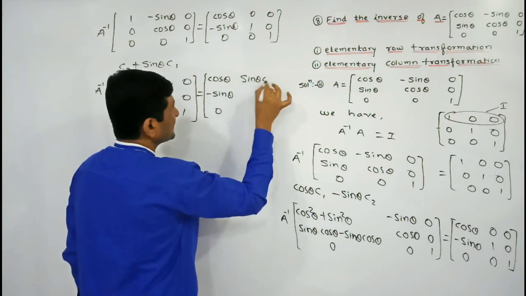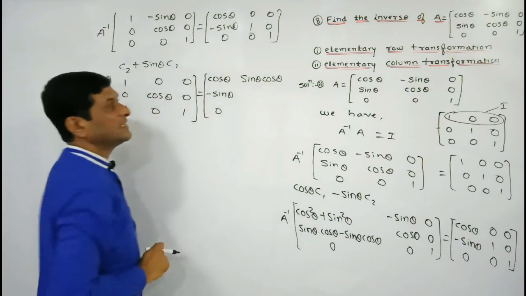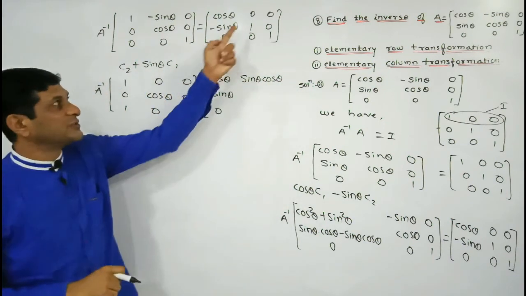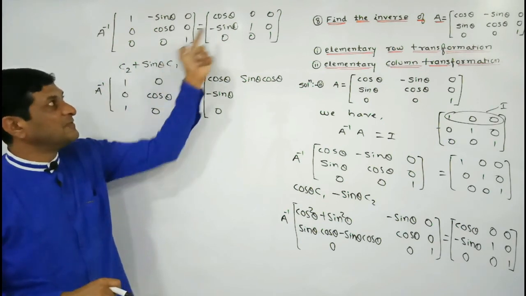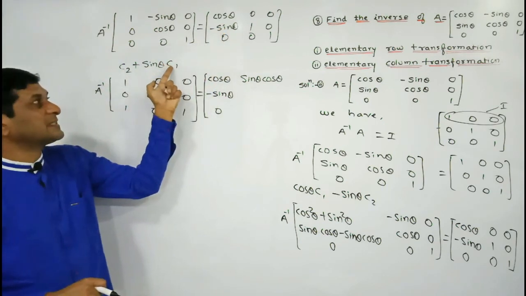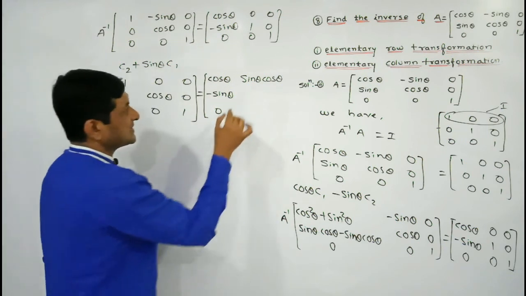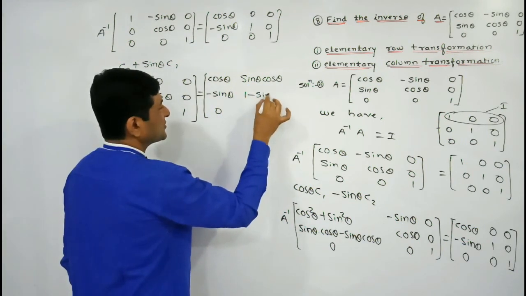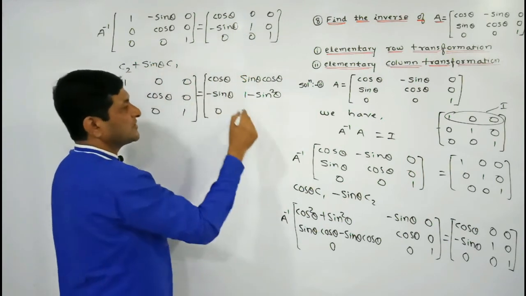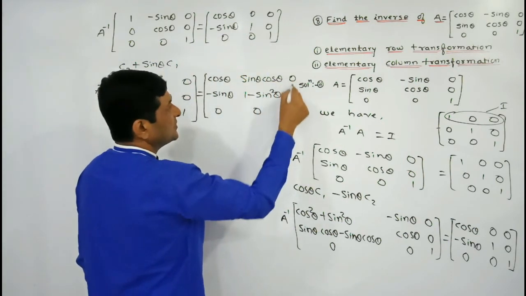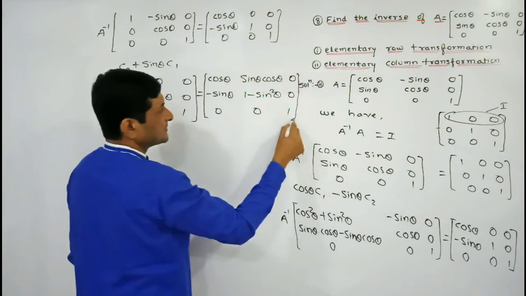Again observe, C2 means 1 and C1 means minus sin, so minus sin into sin will be minus sin square, meaning 1 minus sin square theta. Lastly both C1 and C2 are 0, so we get 0. So 0, 0, 1 keep it as it is.